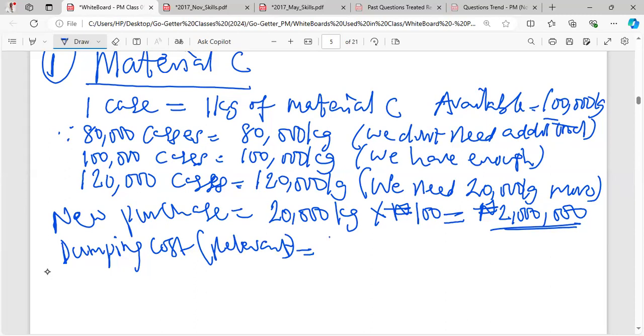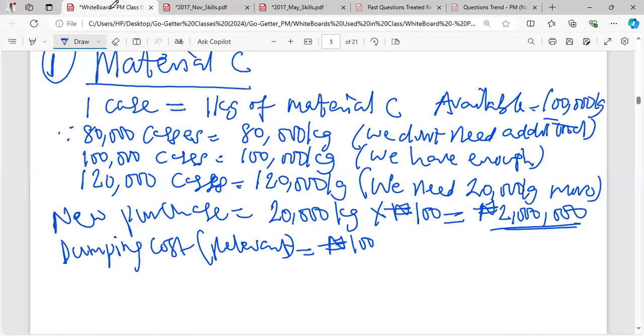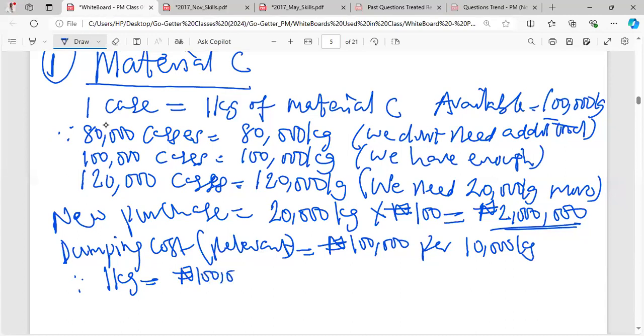Dumping cost will be 100,000 per 10,000 kg. Therefore, 1 kg will be 100,000 divided by 10,000 kg, which is 10 naira per kg.